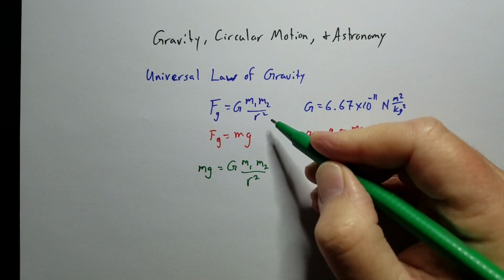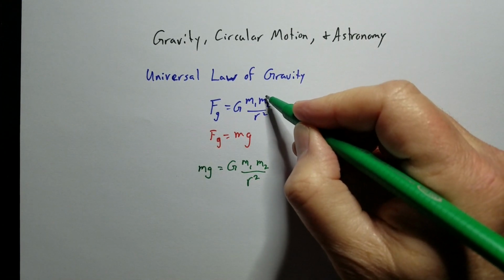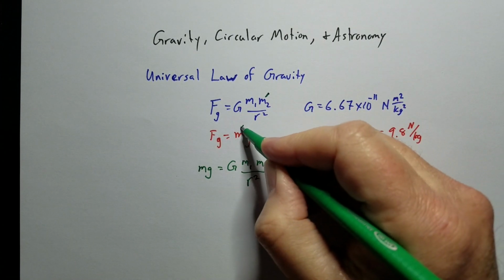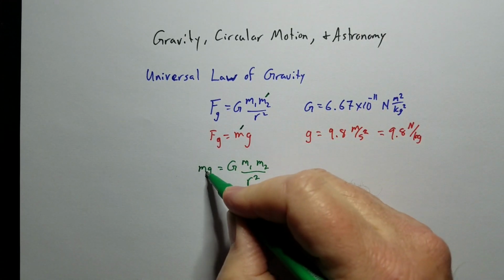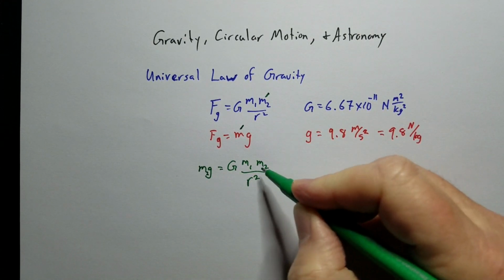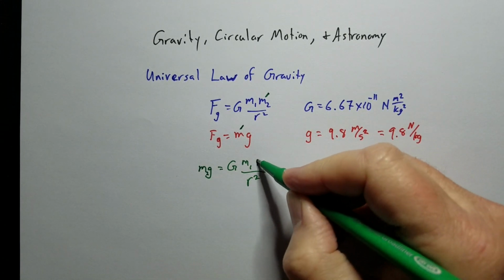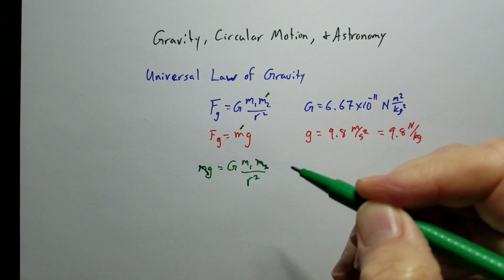But we just said that this is the mass of the person or object, and this is the mass of the person or the object. So those two are really the same thing. So that's really an m2. Well, since m2 is on both sides, they can cancel out.